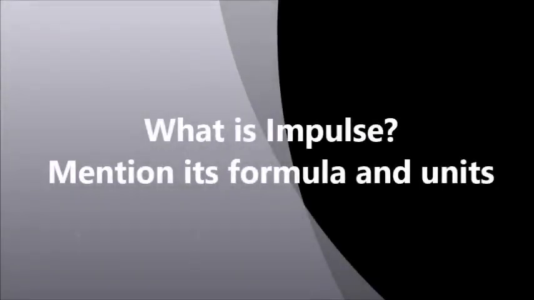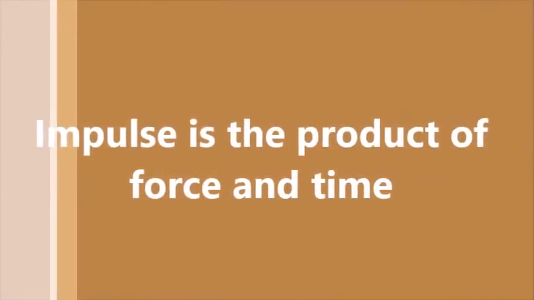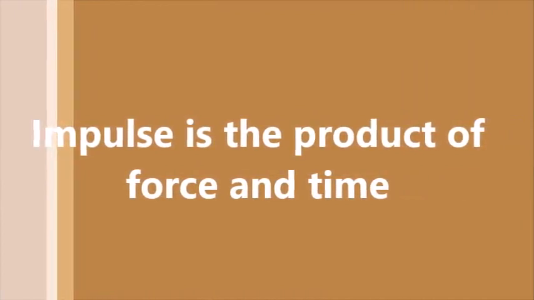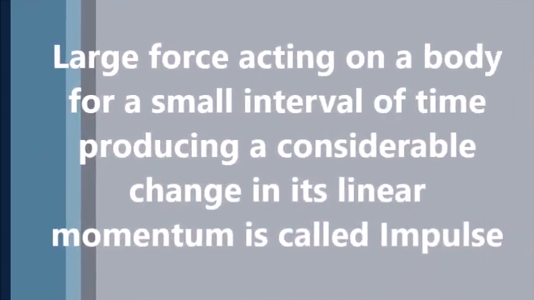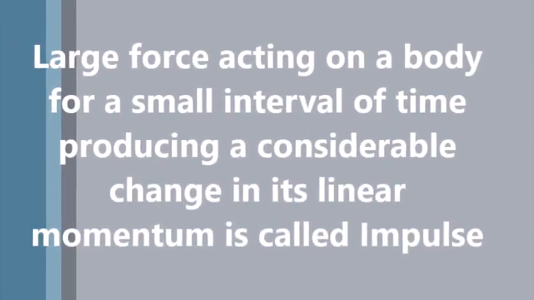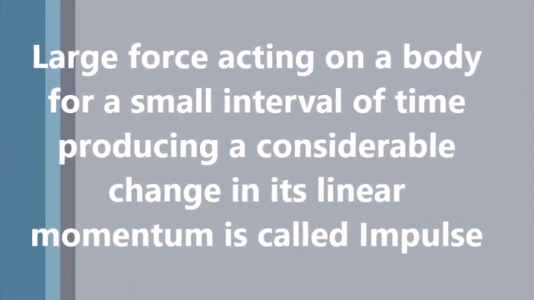What is impulse? Mention its formula and units. Impulse is the product of force and time. A large force acting on a body for a small interval of time, producing a considerable change in its linear momentum, is called impulse.